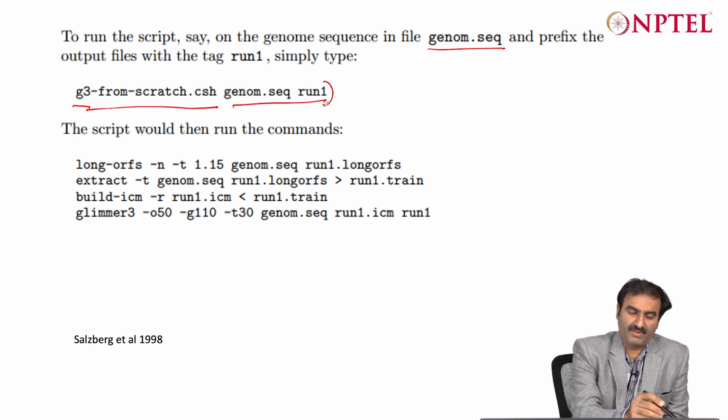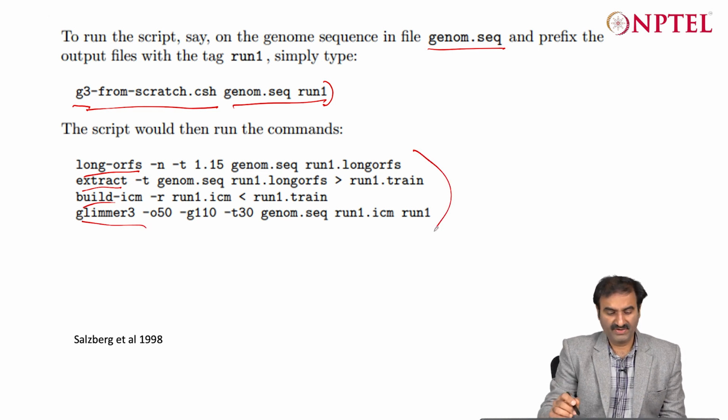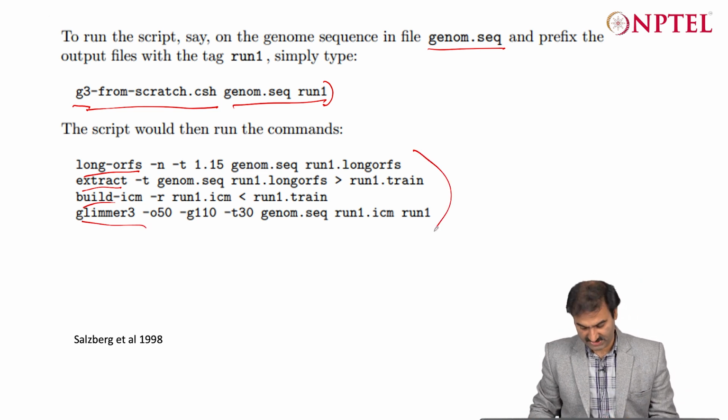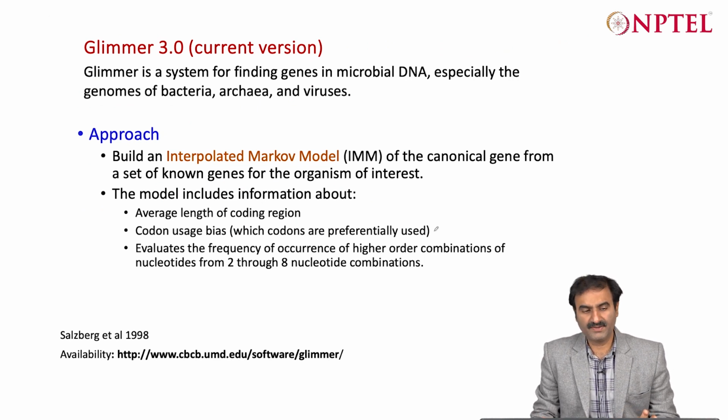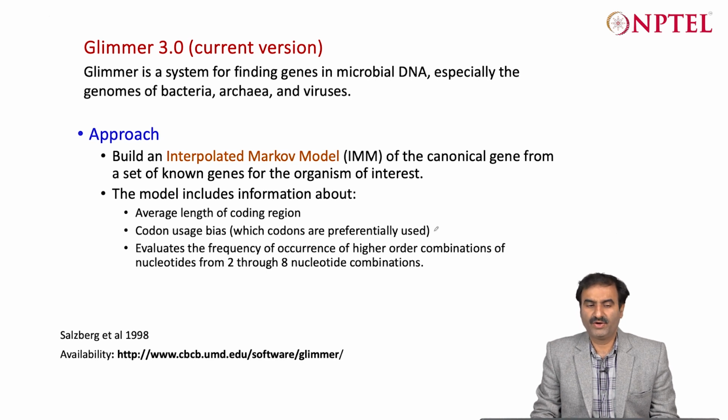And then it runs 4 commands, long ORF, extract, build and Glimmer 3, the results of which will be shown in the next page. So basically Glimmer 3 is a highly useful gene finder in prokaryotes, and also in other smaller genomes including archaea and viruses.